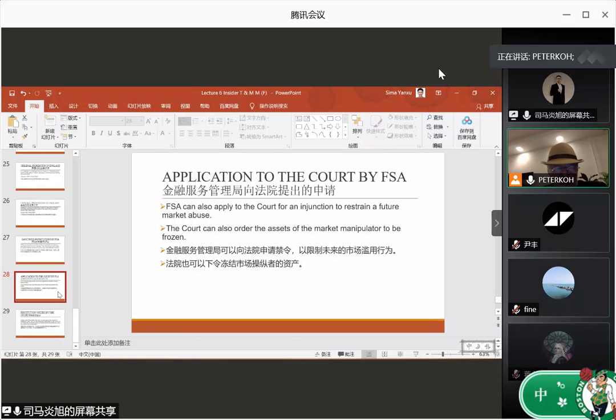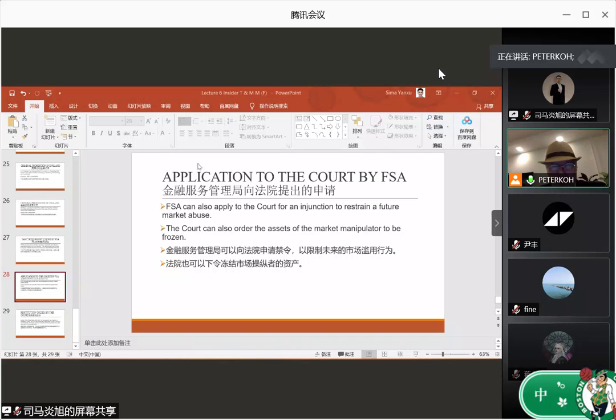Then the court can order the assets of the market manipulator, his personal assets, to be frozen. This is very effective. You can apply to the court for an order that the assets be frozen, meaning that he cannot sell his house, he cannot buy and sell any company's securities, he cannot even deal in any transaction. That is called freezing the assets.